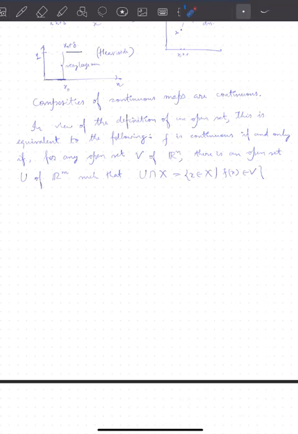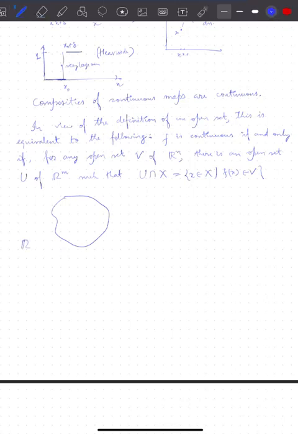So let's just go through this statement here. F is continuous if and only if for any open set V of Rn, there is an open set U of Rm such that U intersection with X is equal to X is an element of X such that F of X is an element of V. So it's as if saying that you have this Rm space.